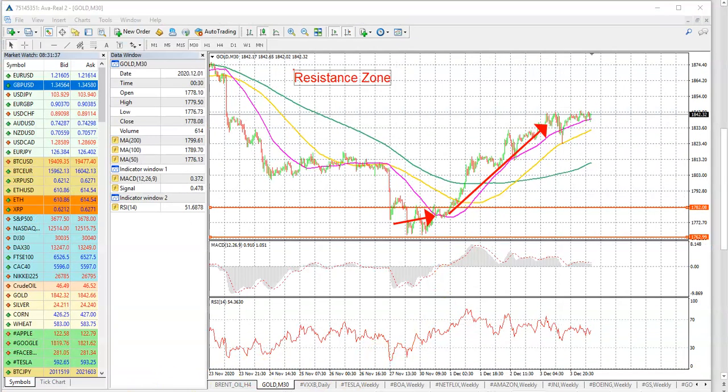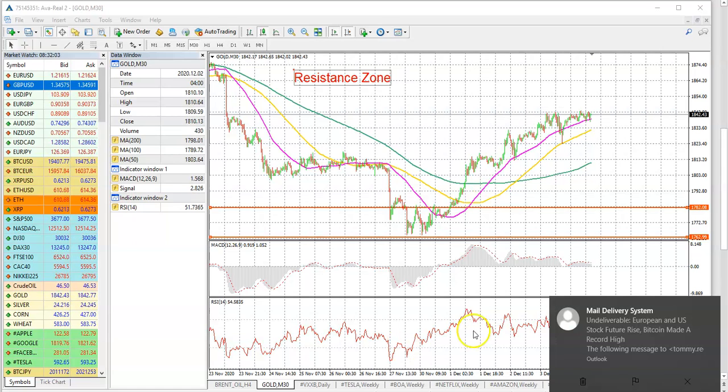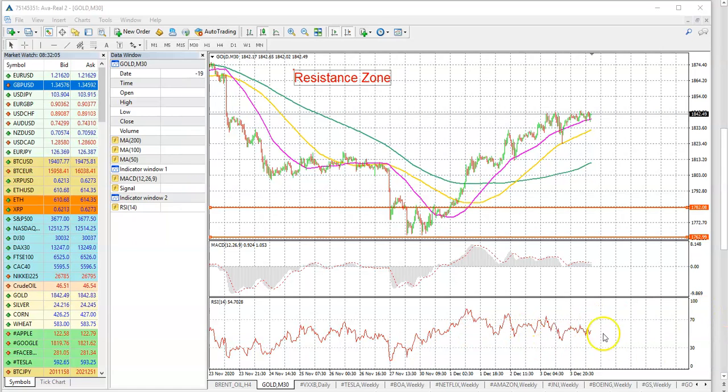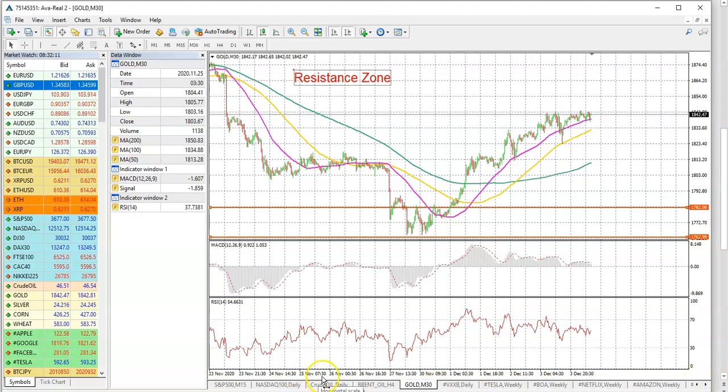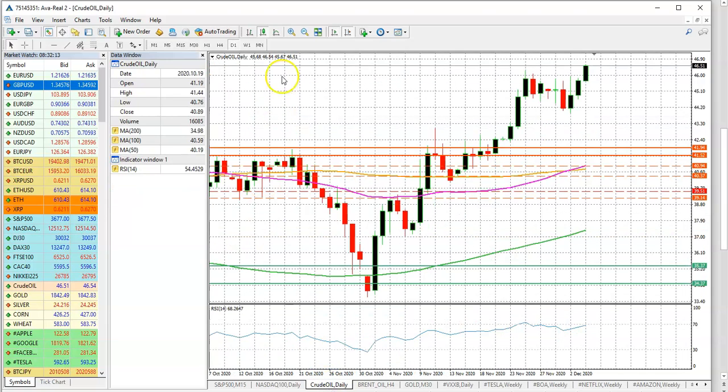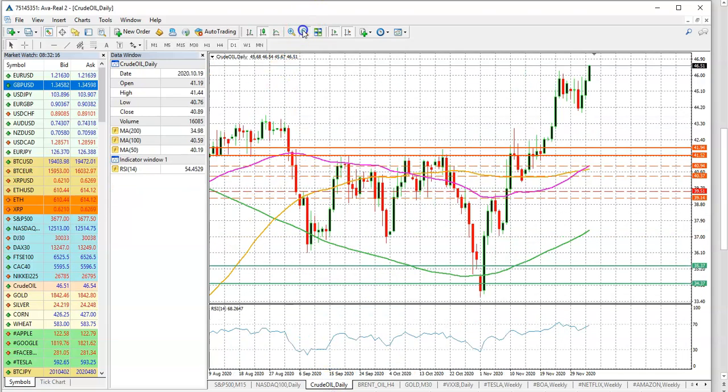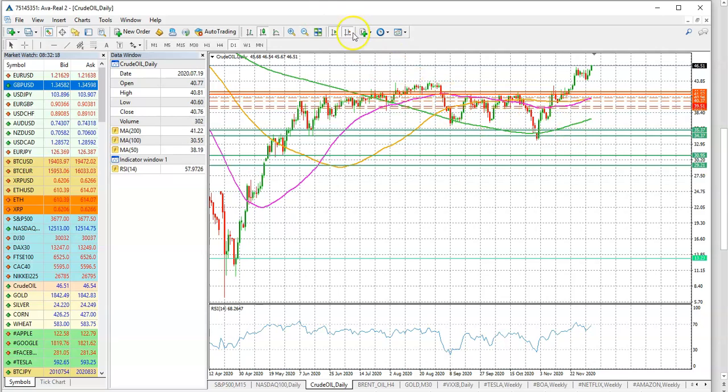All right, so let's have a quick look at oil prices as well before we call it a day. Let me bring out the oil chart. So this is your crude oil prices. I'm going to click on that, and on the daily time frame, let's delete all of these because we don't need any of them now.